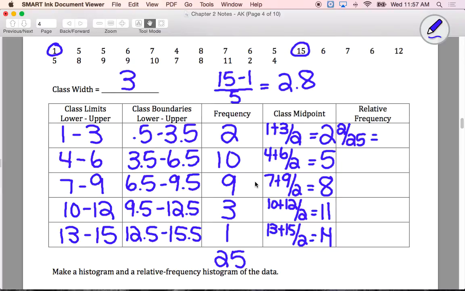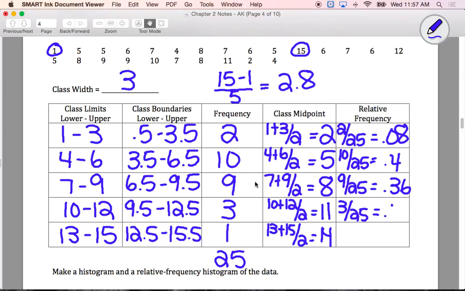We write this as a decimal. So those should be your relative frequencies then.